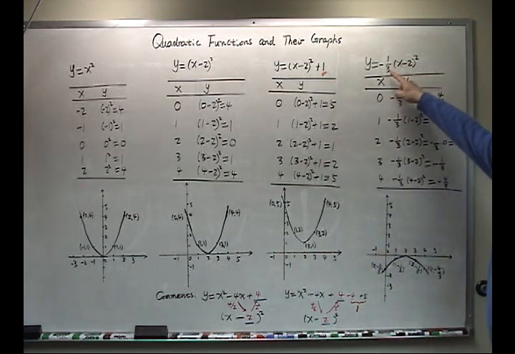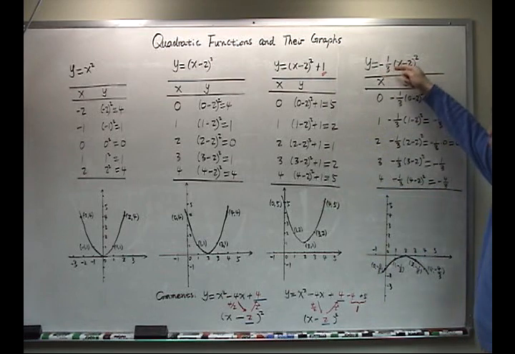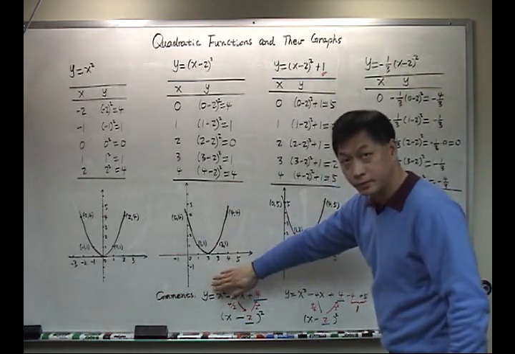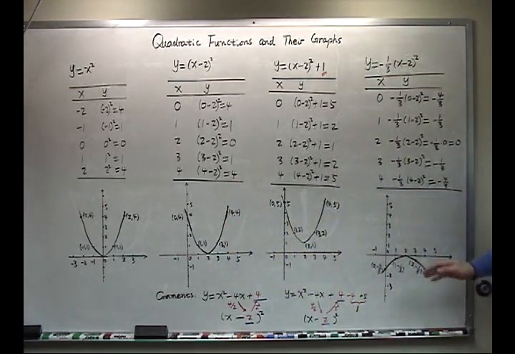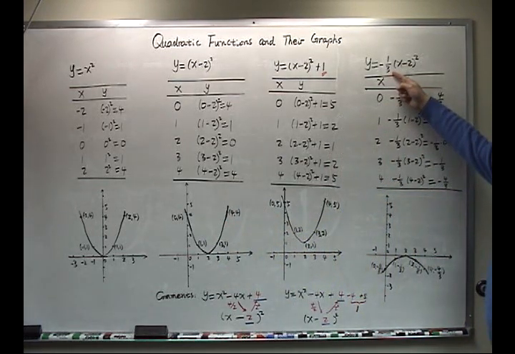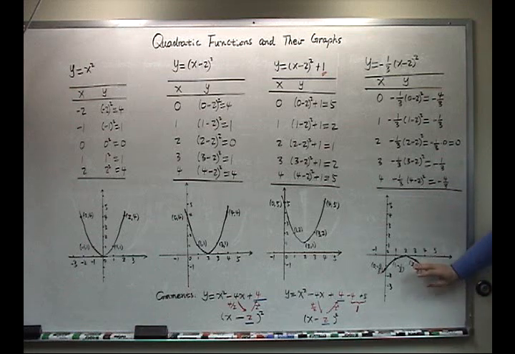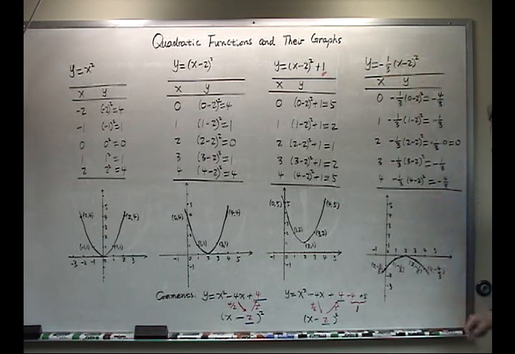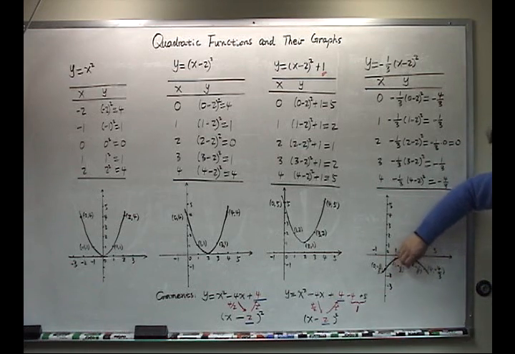Now here is negative 1/3. Negative, you will flip the picture, and then 3 in the denominator will make this coefficient less than 1. Then you will flatten this graph, which means the picture's opening is wider.